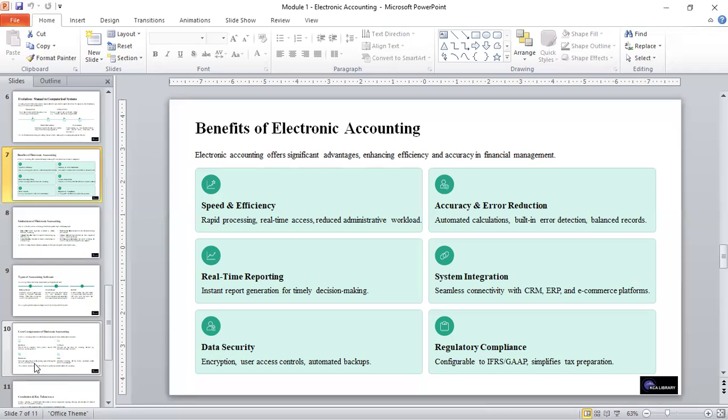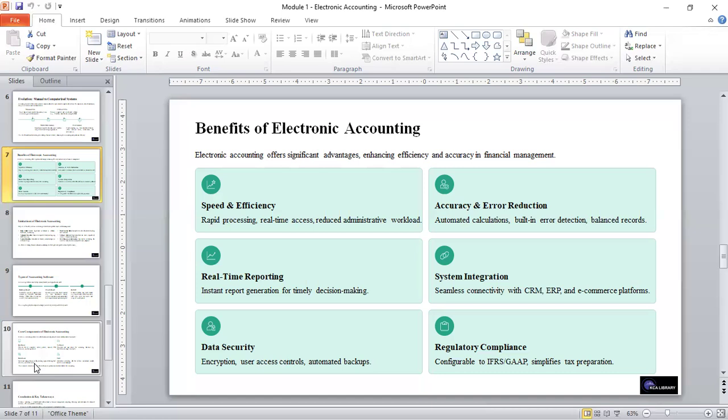Another benefit is system integration, whereby it brings about seamless connectivity with the CRM, the ERP, and the e-commerce platform. We also have an advantage in data security, and it talks about encryption, user access control, and automated backups.